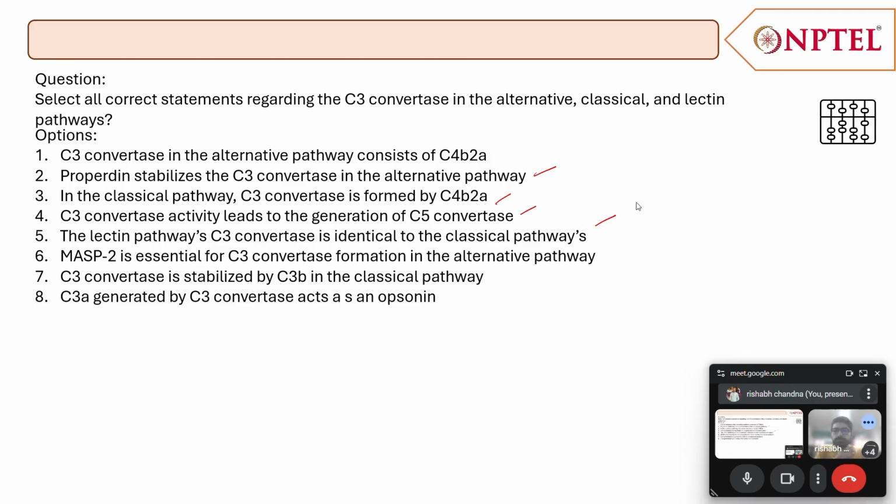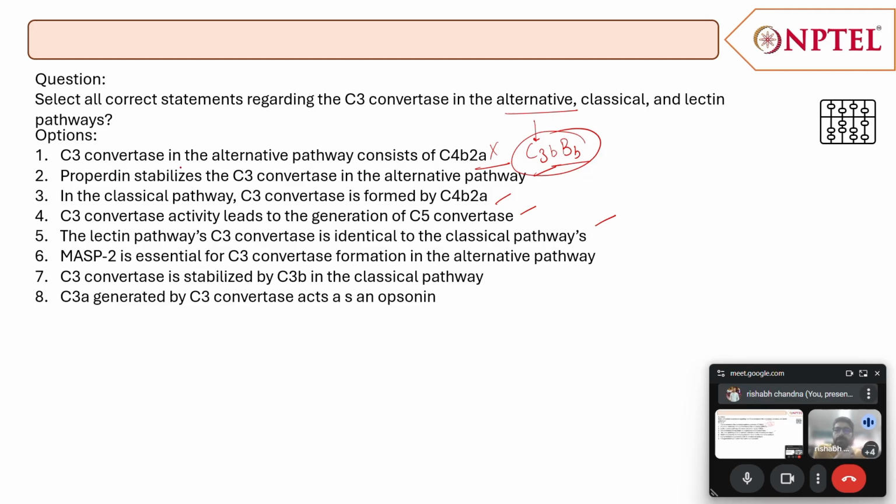Okay, so let's see the options. C3 convertase in the alternative pathway consists of C4b2A. No. For the alternative pathway, the C3 convertase is C3b and Bb. So the first option is false.